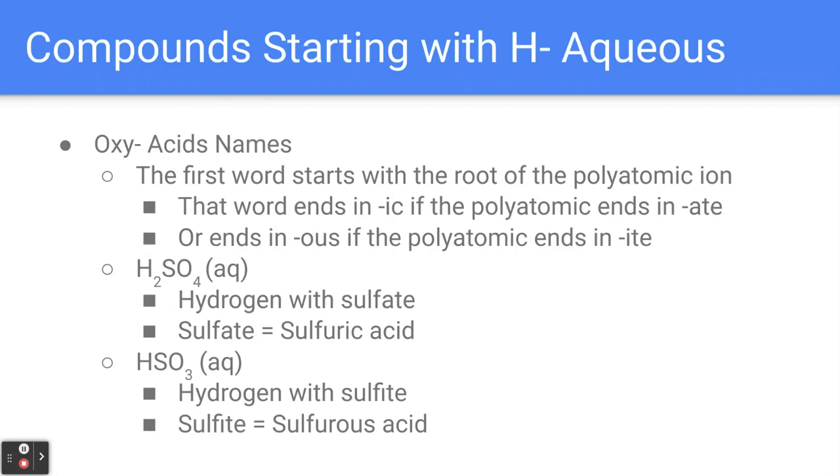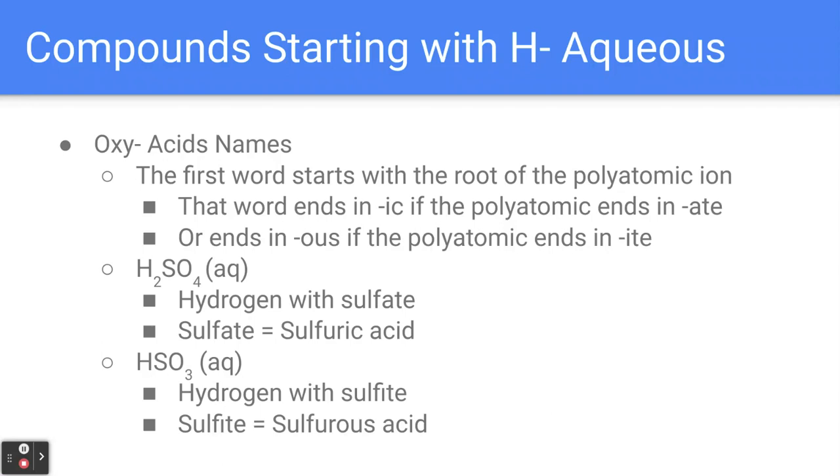Now our oxyacids are a little bit more difficult. Our oxyacids, we're going to have to take a look at what kind of polyatomic ion we have and what its name is. So the first word is always going to start with the root of the polyatomic ion. So we could have sulf, nitr, or carbon.